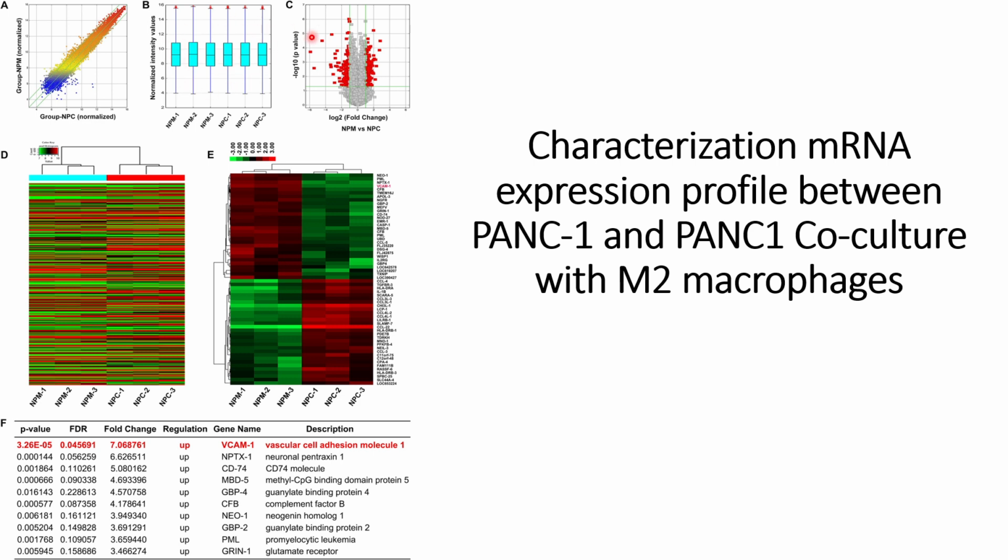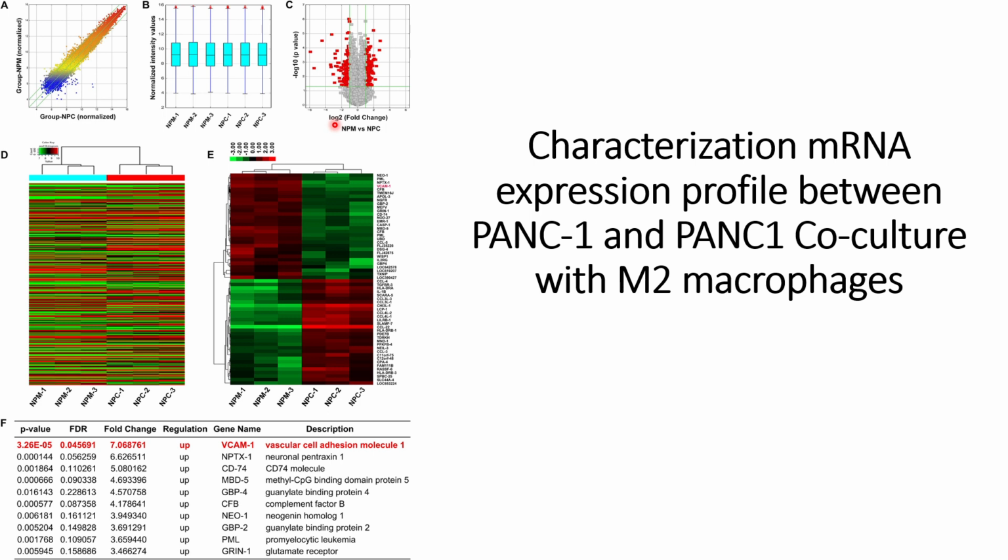When they checked the differentially regulated genes through the volcano plot, they found that in total 498 genes are dysregulated in the NPM, the PANC-1 co-cultured with M2 macrophages, compared to the PANC-1 cultured without any macrophages.